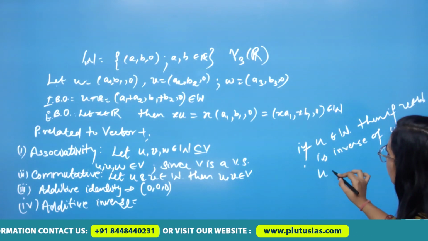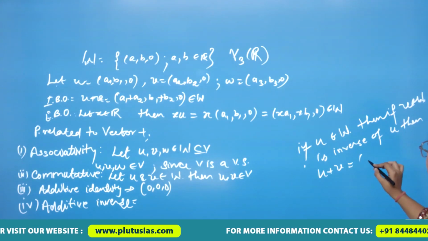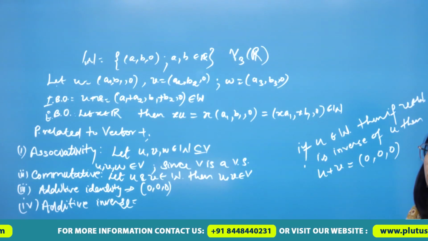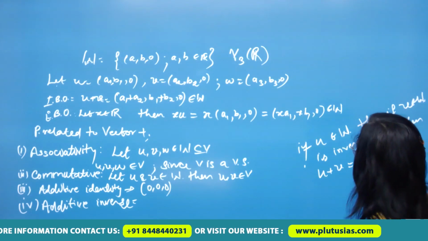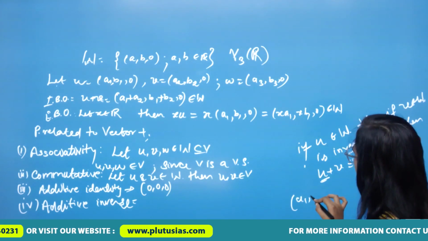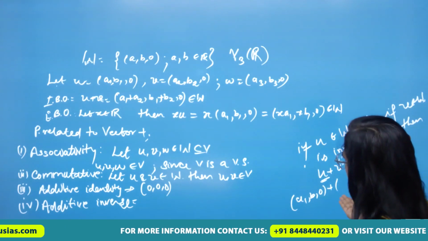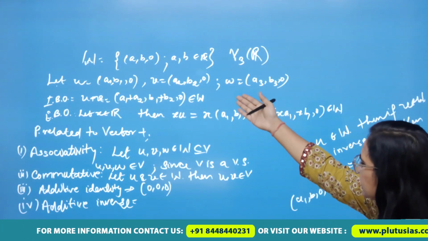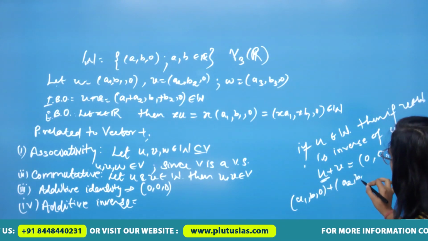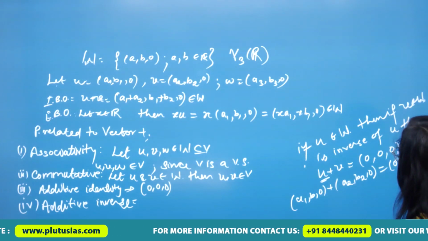Then u plus v should give the additive identity. And what is the additive identity? In the last step we calculated it is (0, 0, 0), right? Then u plus v, where u is any element (a1, b1, 0), plus v. Let's consider this is the inverse, and it turns out to be (a2, b2, 0). We have to find a2 and b2, and this should be equal to (0, 0, 0).